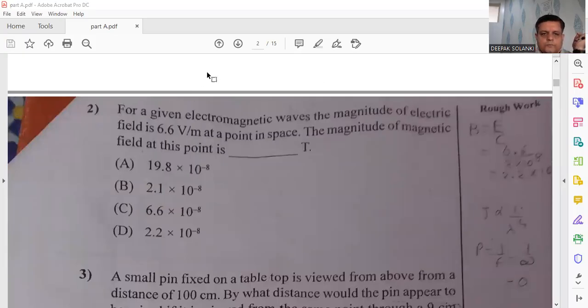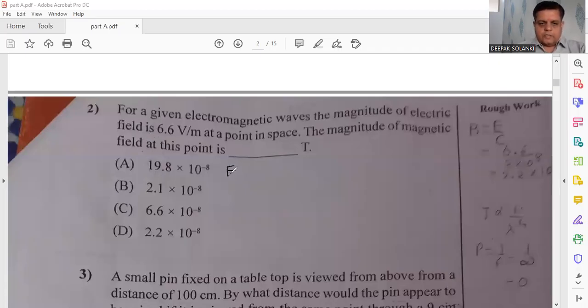Now, for a given electromagnetic wave, the magnitude of electric field is 6.6 volt per meter at a point in space. The magnitude of magnetic field, very simple.